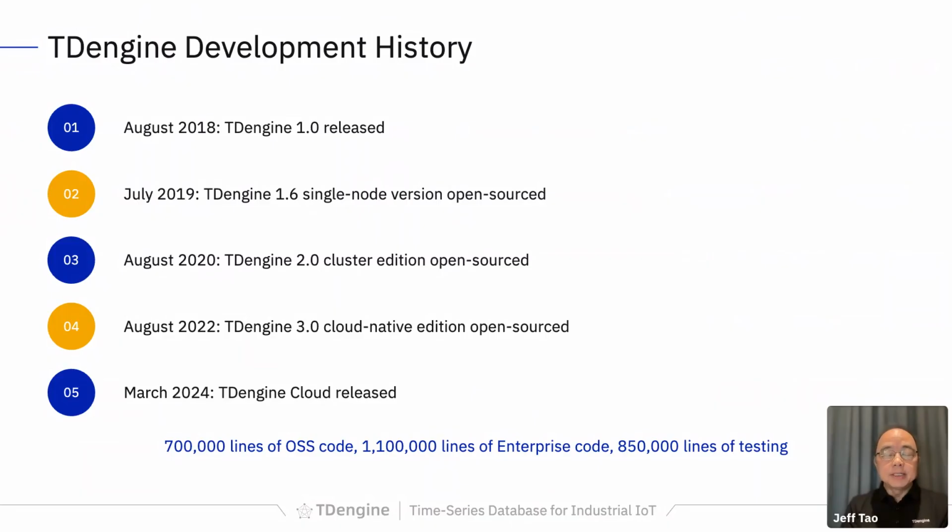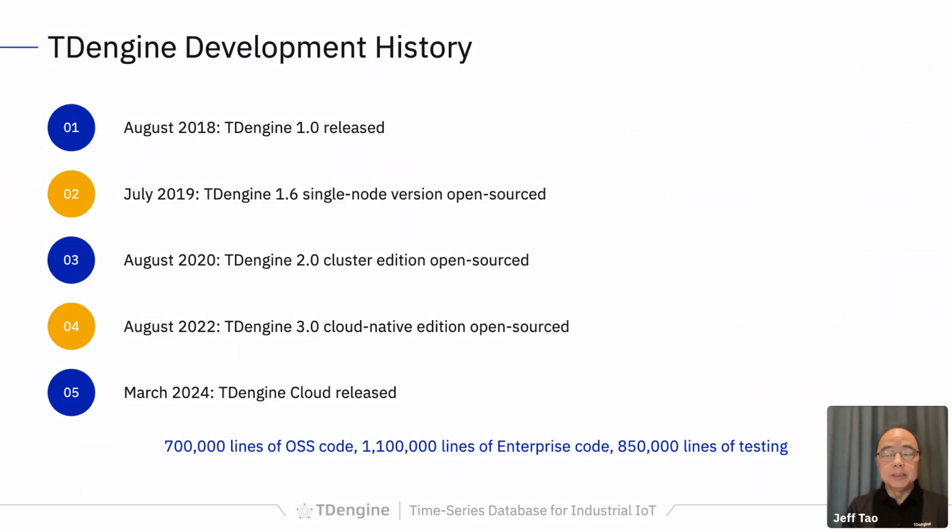In this release, we have a very exciting feature. It's called TDgpt. And for the past 8 years, my team and I wrote over 700,000 lines of code. Inside this code, I contributed more than 50,000 lines, because I'm a software engineer too.